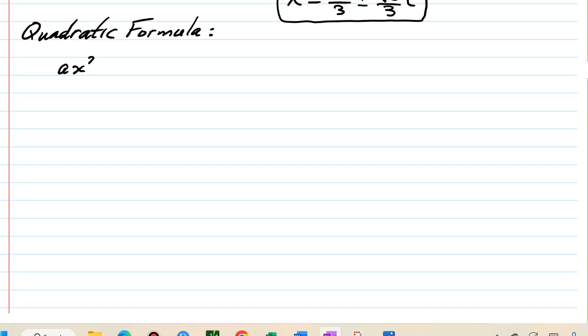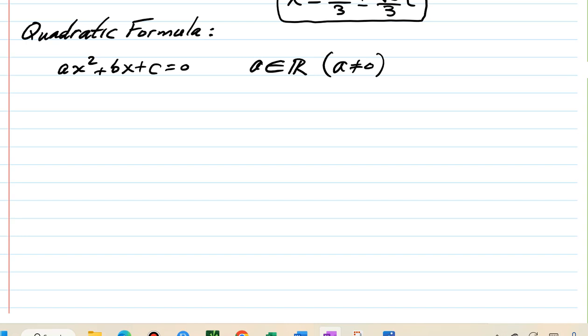So let's say I have a quadratic equation, ax squared plus bx plus c equals 0. And of course, a here could be any real number, but it cannot be 0. Notice I'm allowing a to be a real number, which means it could be positive or negative.